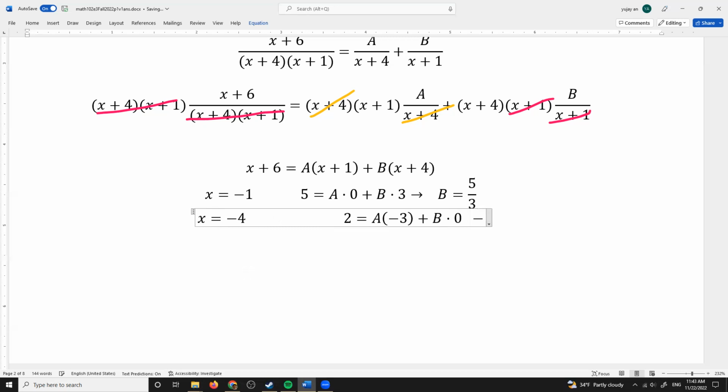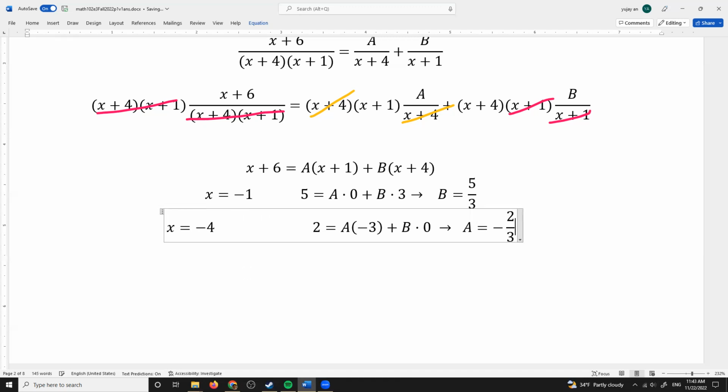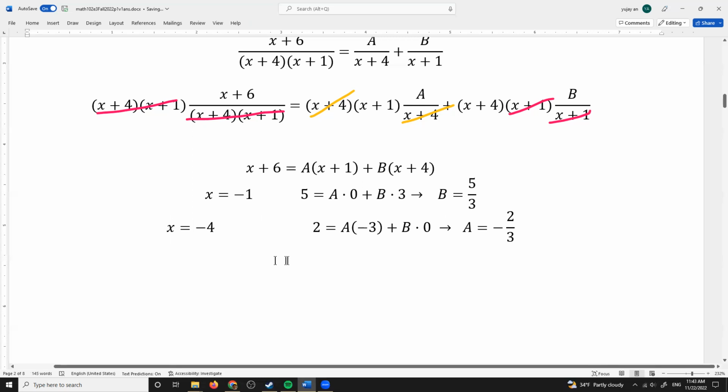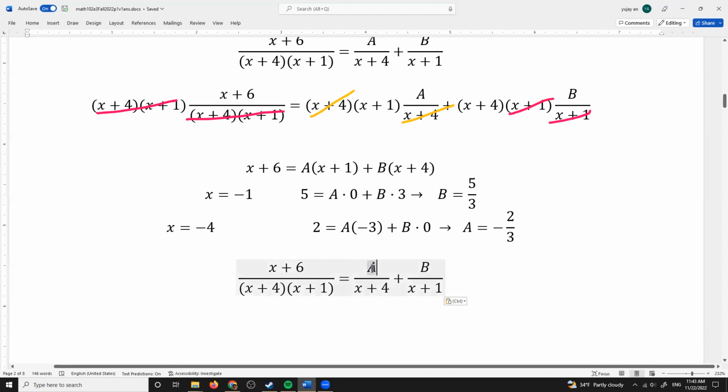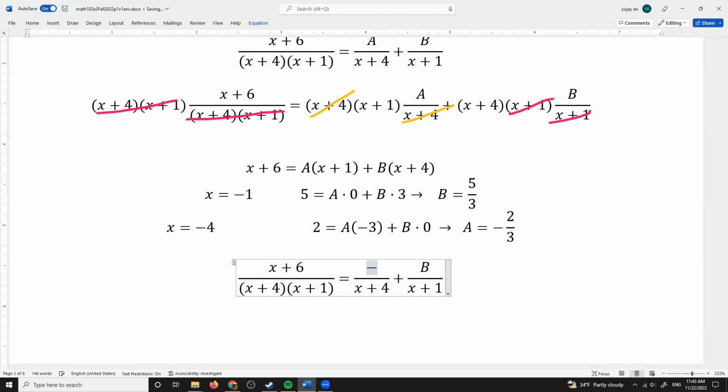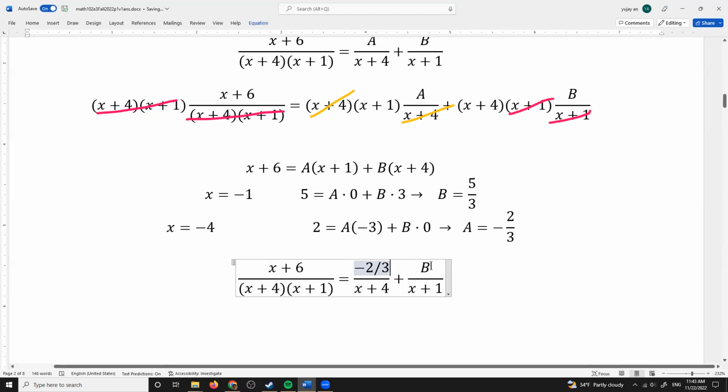So that A is equal to -2/3. Okay, so as a result, we have this A as -2/3. Let's put it in here. And B as 5/3.